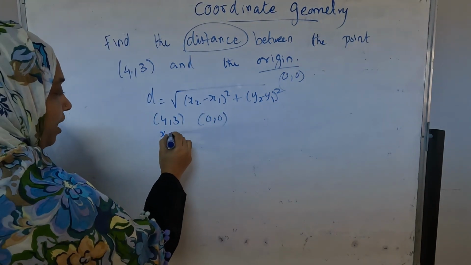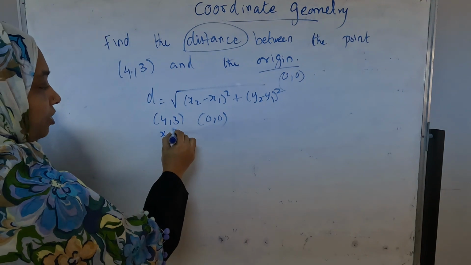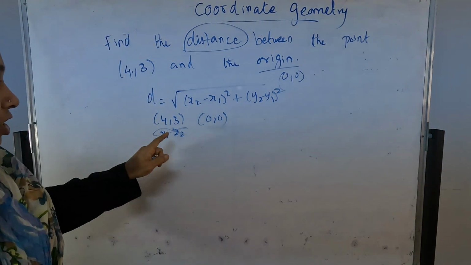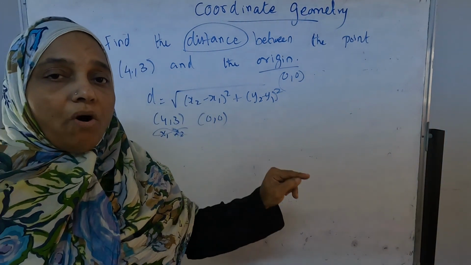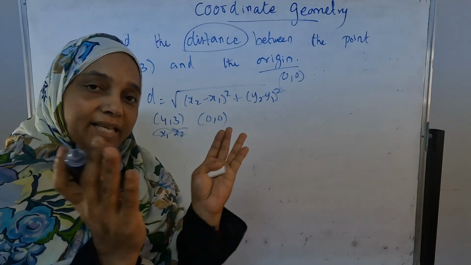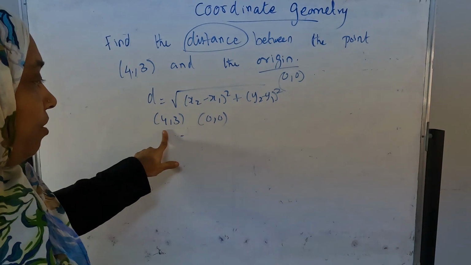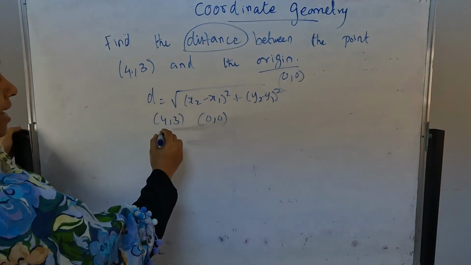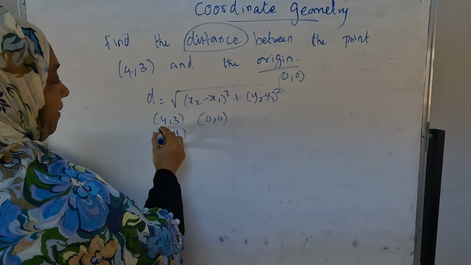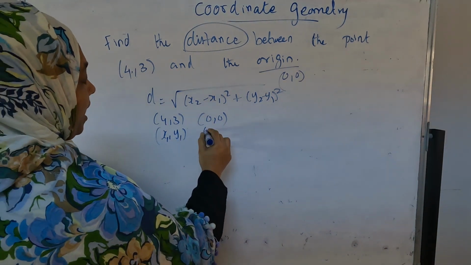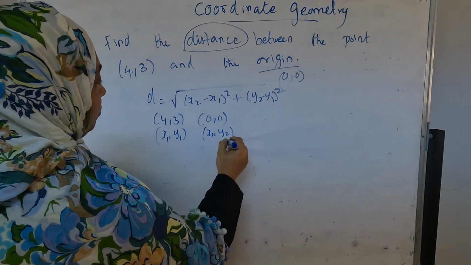Represent here x1, y1, not x1, x2, it is wrong. x1, y1 only, always coordinate x and y only. We need x and y only, here x1, y1 and x2, y2.